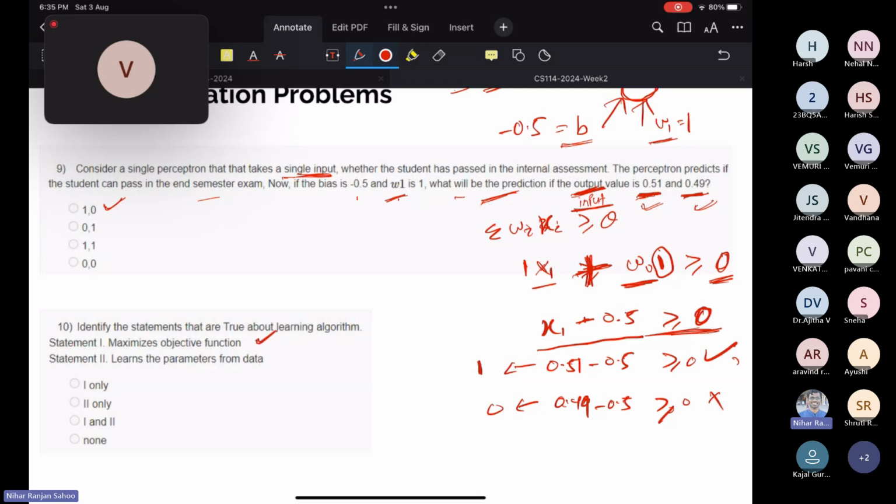The flaw with this statement is we don't always maximize the objective function. The perfect statement is optimizing the objective function. Optimization can be either maximization or minimization. If the nature of the objective function is a loss function, then we have to minimize it.